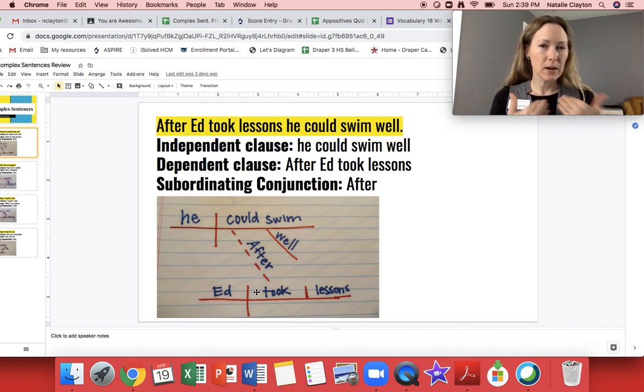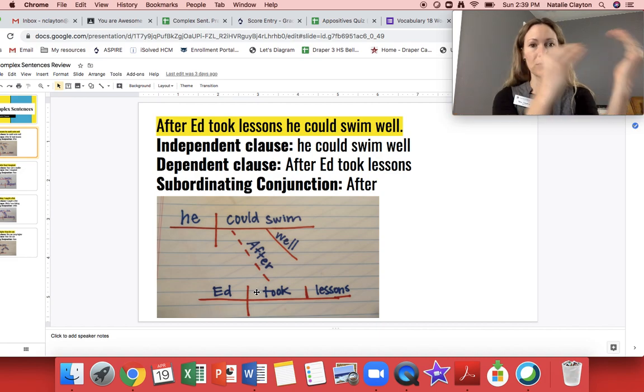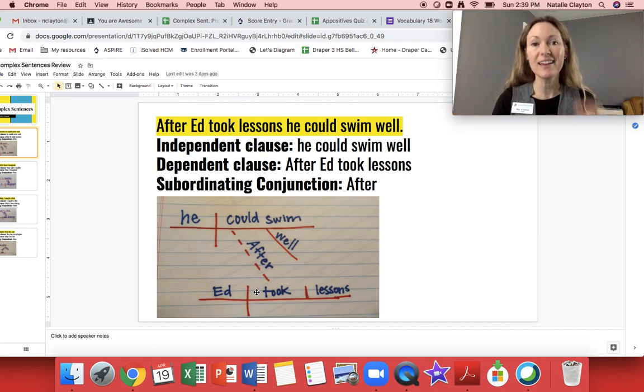Then the trickiest part in my mind is connecting that adverb clause to the word that it's modifying in the independent clause. But you always connect the verb of the adverb clause. So this is the dependent, or subordinate, adverb clause.